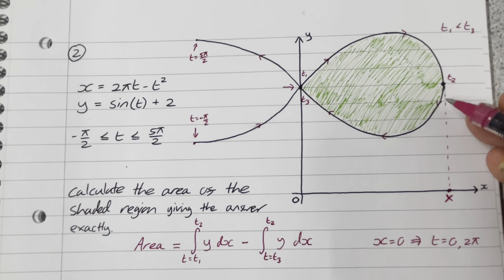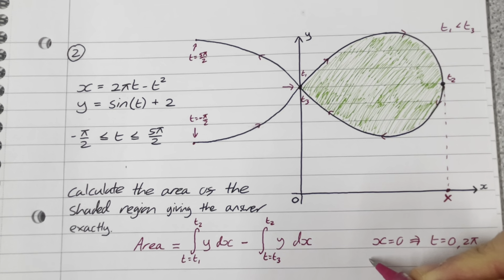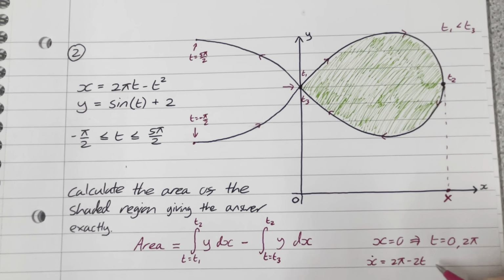Now t2 occurs when x is at its maximum. So I'm going to find x dot, which equals 2 pi minus 2t. If I set that to be 0, that tells me that t is equal to pi. So that is over here.